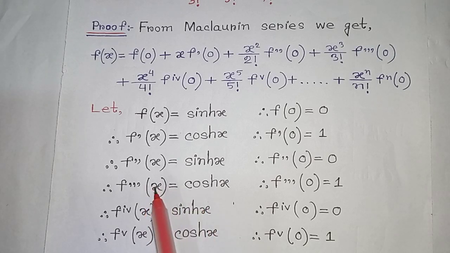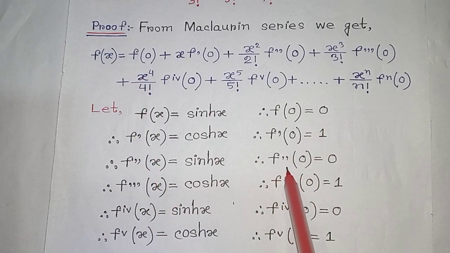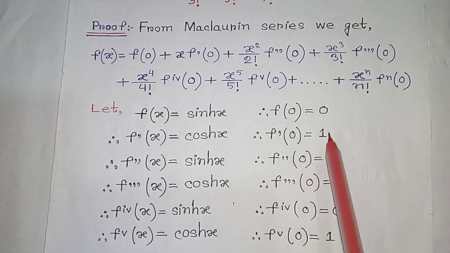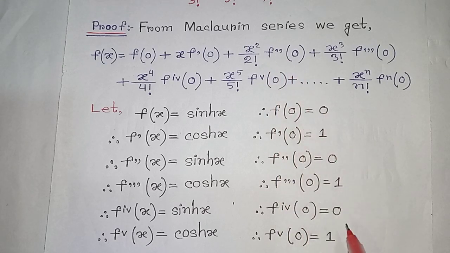From the Maclaurin series we get the value of f of 0 is 0, the value of f double dash 0 is 0, and f iv 0 is also 0.